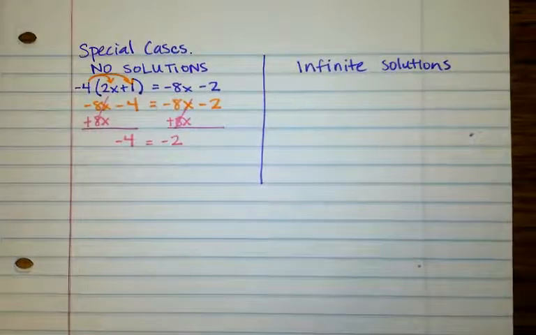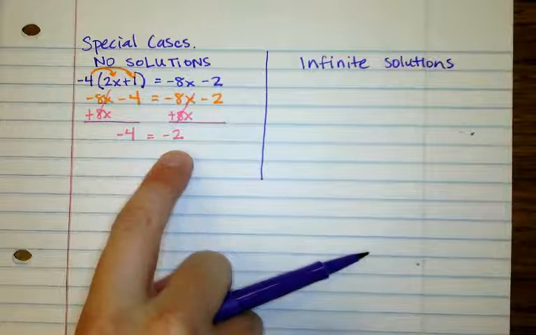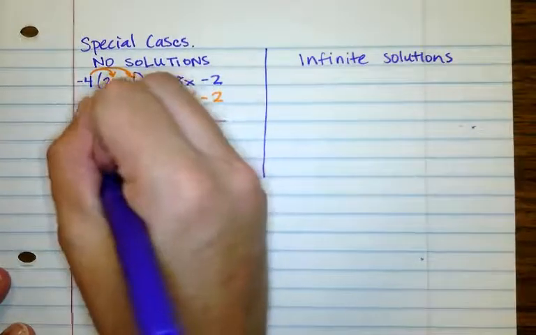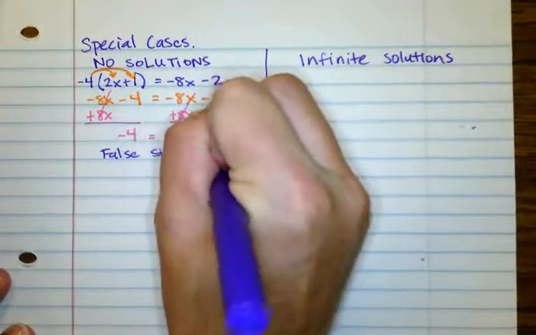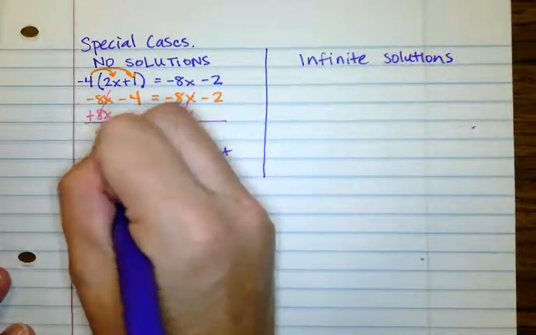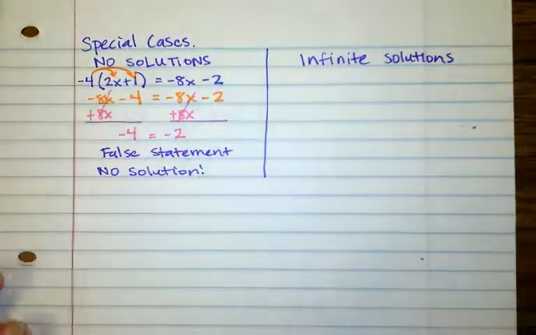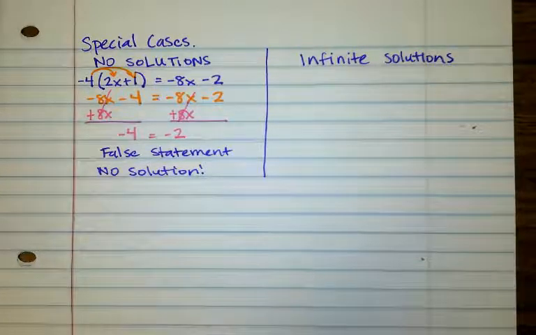Is this a true statement? Is negative 4 equal to negative 2? No. So this is a false statement, which means there is no solution. If your variables cancel and you get a false statement, there's no solution.